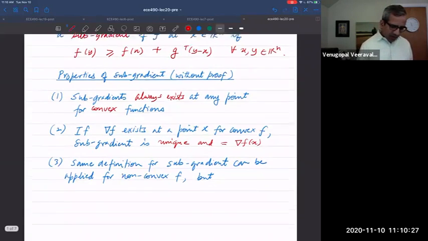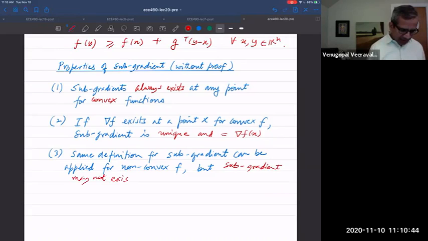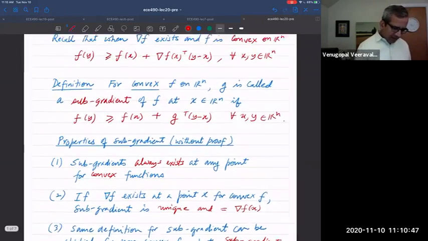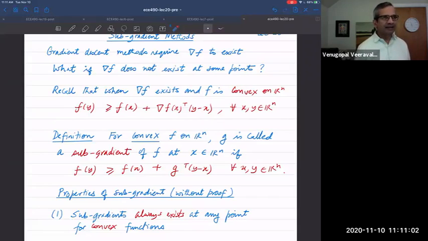Now you could think of carrying over this definition of subgradient to non-convex f. You can do that, but the subgradient need not exist. It's not hard to see why: if you have non-convex f, even if the gradient existed, this condition may not hold at all points, because the function is not going to be lower bounded by the first order Taylor series expansion.